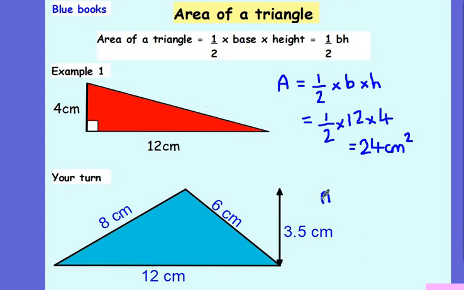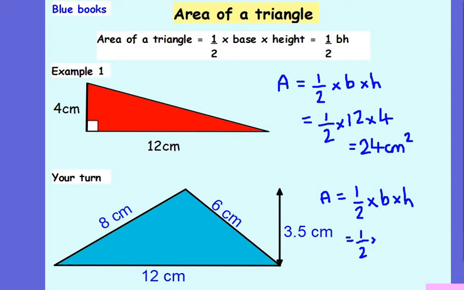So the area of this one, in the same way, is half times base times height. This time my base is 12. But is my height 8, 6 or 3.5?